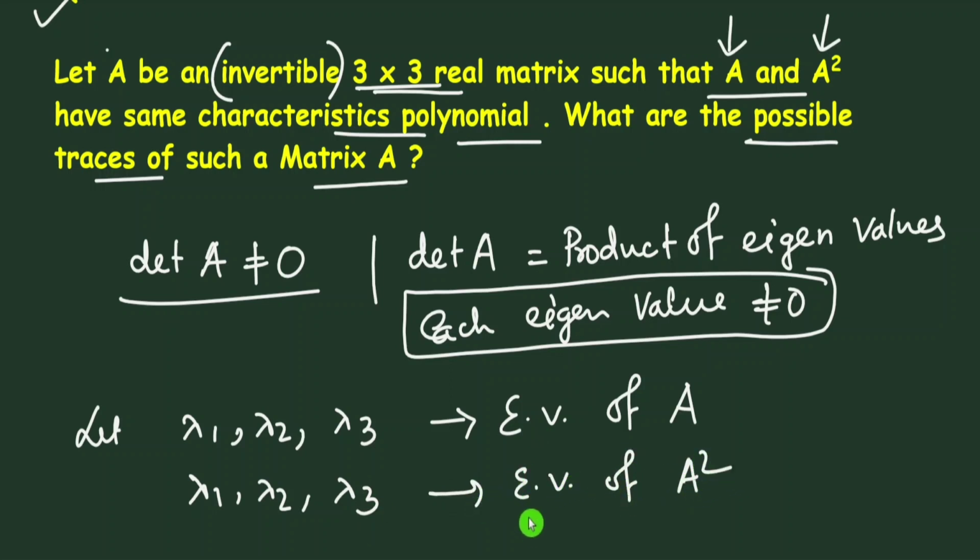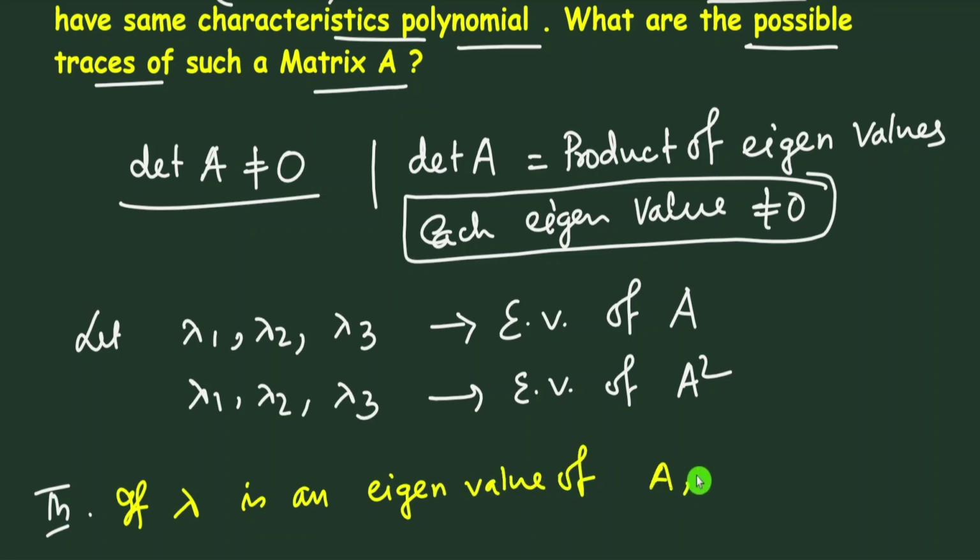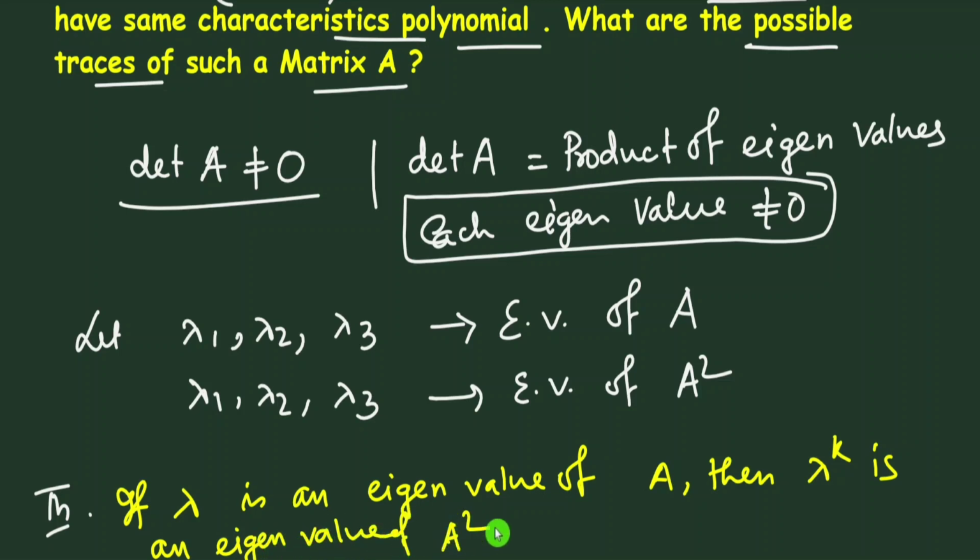Clearly, now we know a theorem: if lambda is an eigenvalue of A, then lambda to the power k is an eigenvalue of A to the power k. Clear?